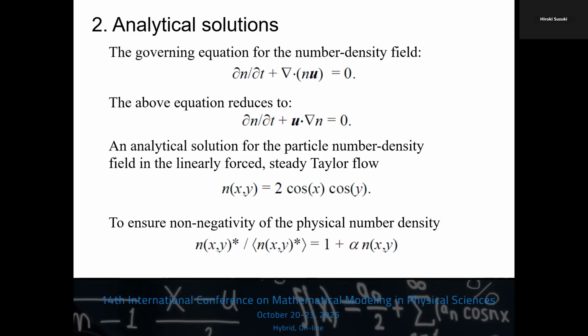To ensure non-negativity of the physical number density, this is written as follows.